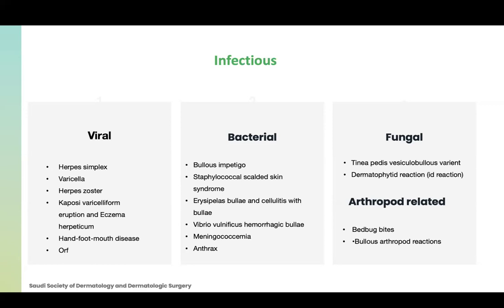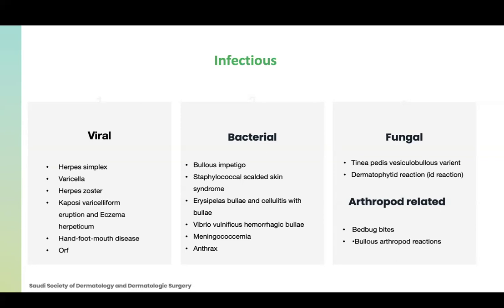And these are the most common ones, and we usually see them and manage them with antiviral. And then we have the Kaposi varicelliform eruption and eczema herpeticum. So the Kaposi varicelliform eruption is a disseminated infection by herpes simplex viruses 1 or 2, and it occurs on top of abnormal skin, right?